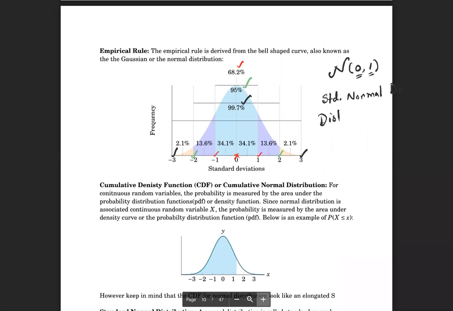If you have a normal distribution that has a mean of 0 and standard deviation of 1, it is called the standard normal distribution.